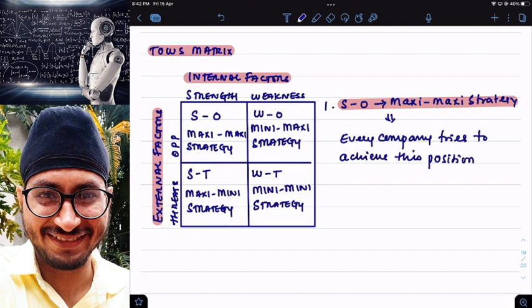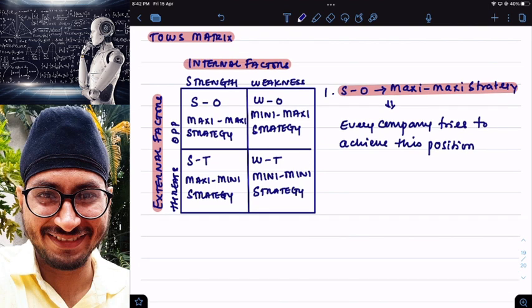Here every company tries to achieve this position where it will capitalize. What should I capitalize, sir? Opportunities. Using what? Using strength. Clear?